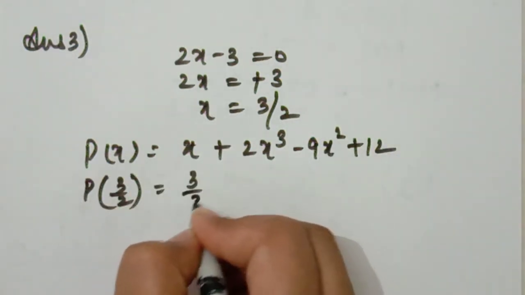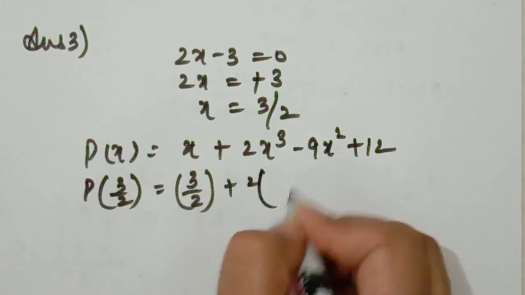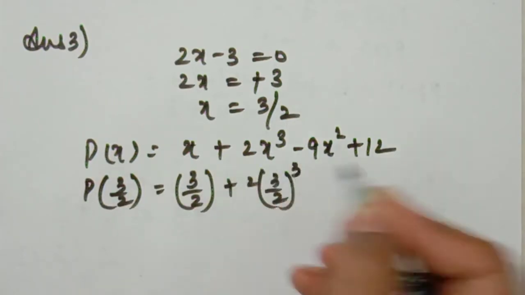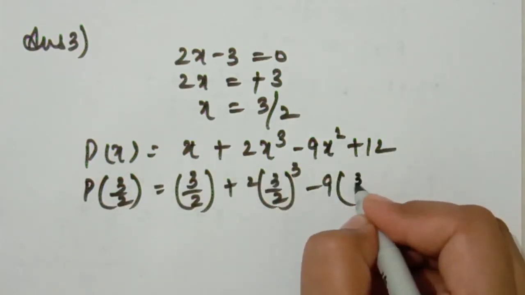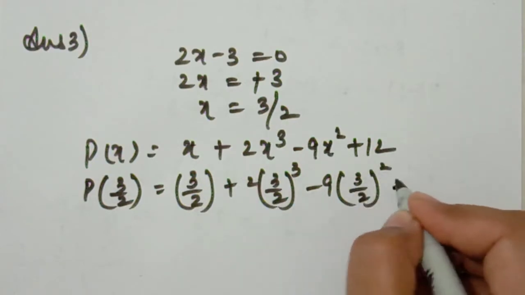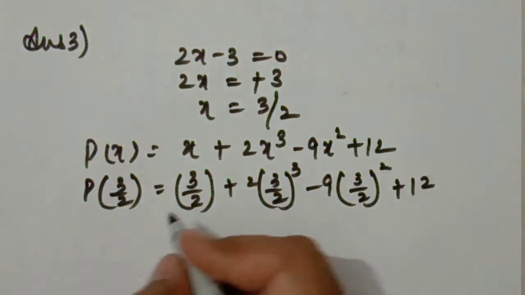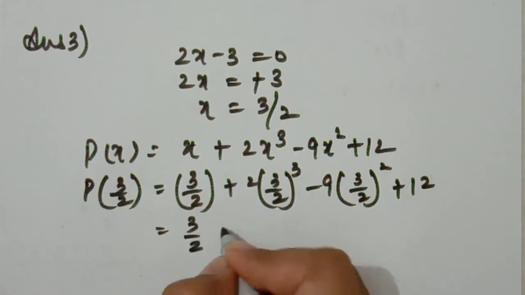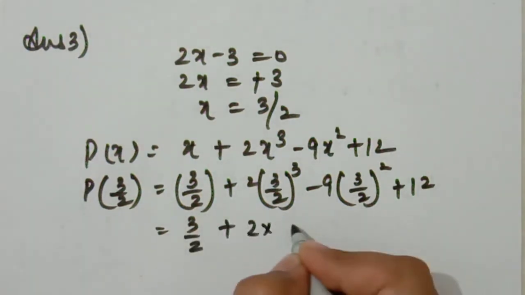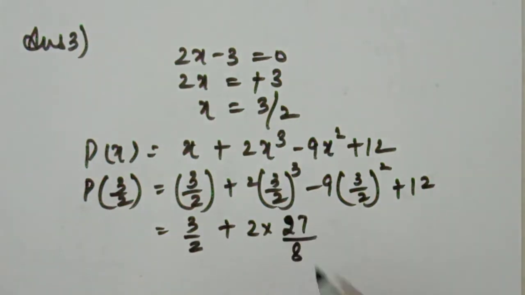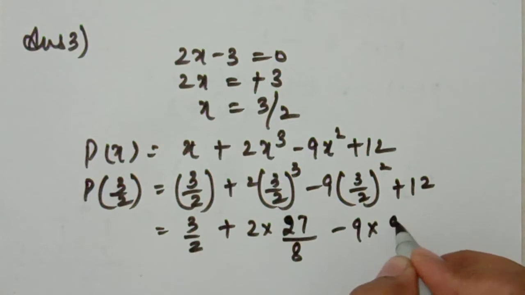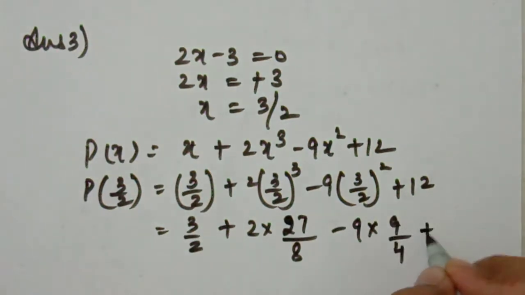It is 3 by 2 plus 2 into (3 by 2) whole cube minus 9 into (3 by 2) whole square plus 12. Solve it. It is 3 by 2 plus 2 into 27 upon 8 minus 9 into 9 upon 4 plus 12.